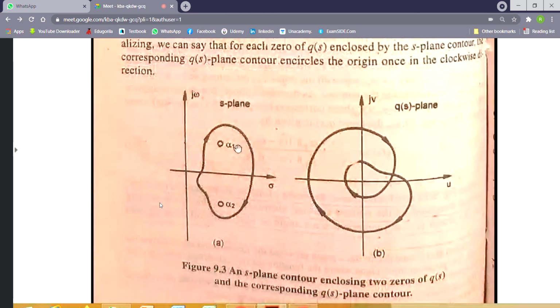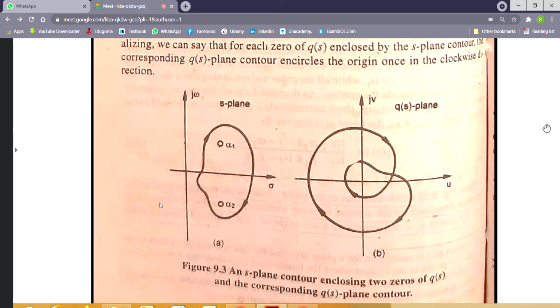Similarly, it's minus 720 degrees. Now, in this case, you see two zeros of QS, alpha 1 and alpha 2, are being enclosed by the chosen S plane contour, right? So this phasor will complete one rotation. Similarly, this phasor will complete another rotation.